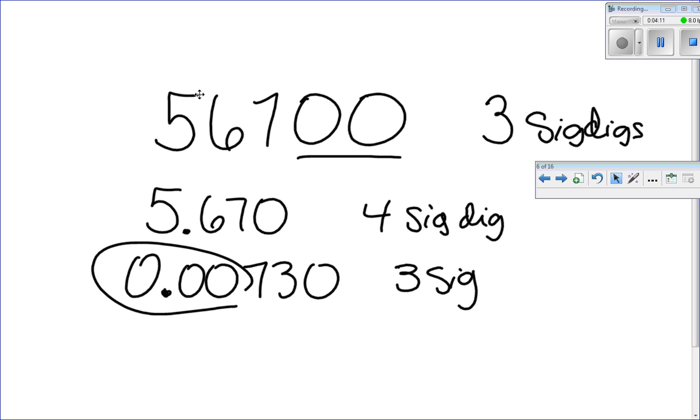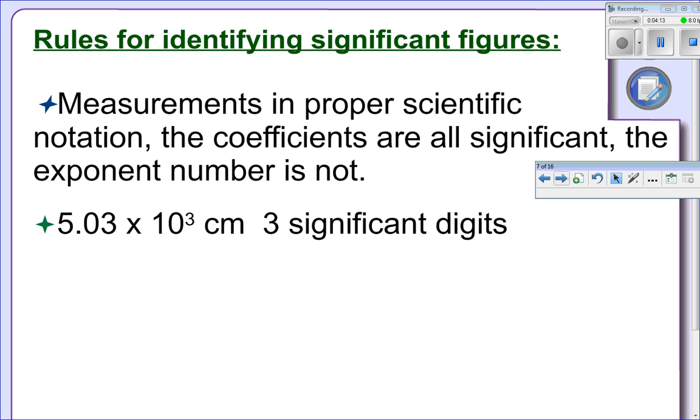Now, the other thing for significant digits that we need to look at are numbers with exponents. Exponential numbers that have like 10 to the whatever, those are really just placeholders. If a number is written in the correct scientific notation, then everything other than the 10 to the whatever counts. So if I look at this, there's 3 sig digs.